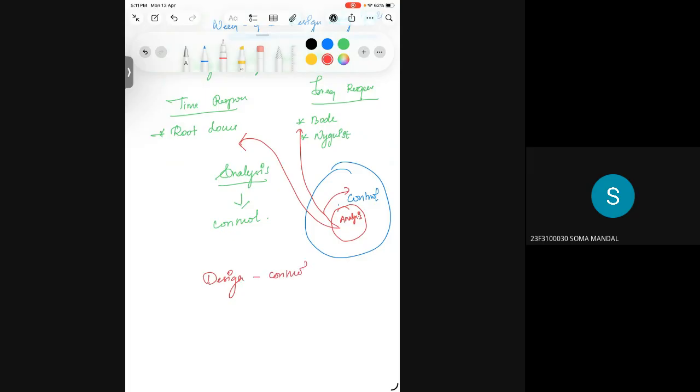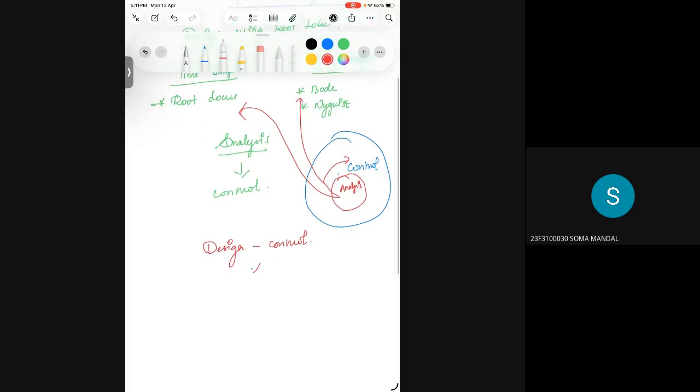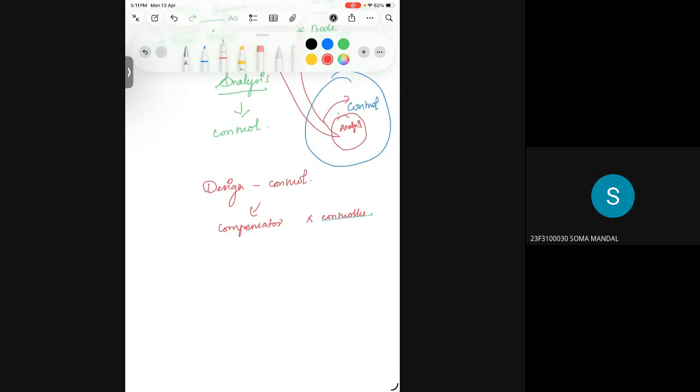This comes under the control perspective: designing a compensator, designing a controller. Here we mostly use compensator as a word instead of controller. Both are interchangeably the same, but for a particular nature of control we use compensator as a word.